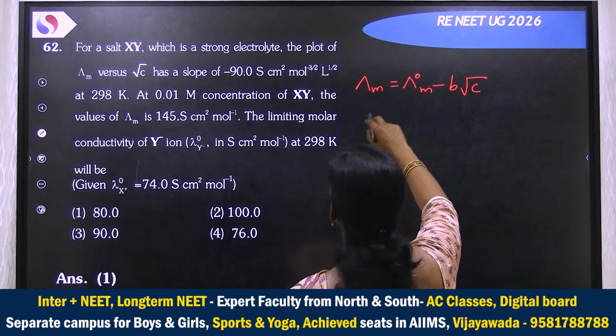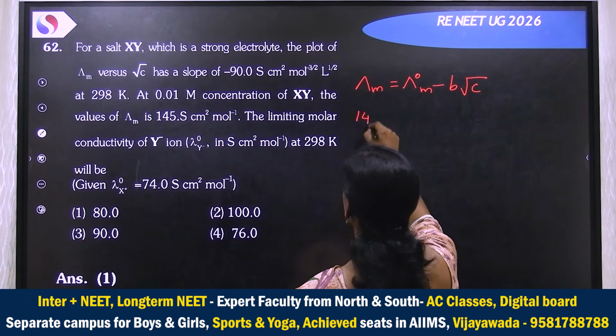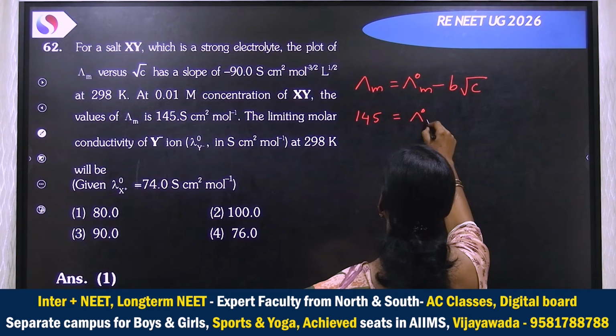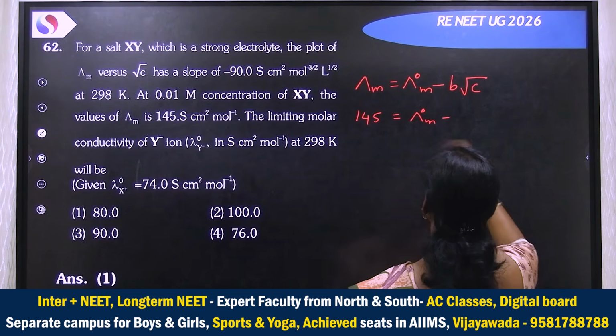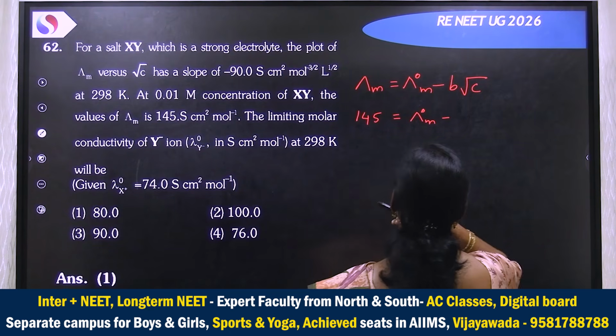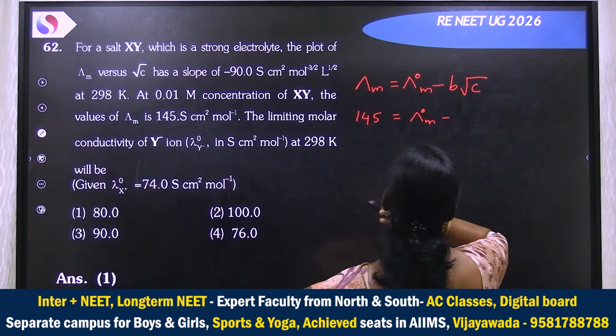So lambda m is given as 145, and lambda naught m we have to find out. B here is the slope of this equation, like y equals mx plus c.